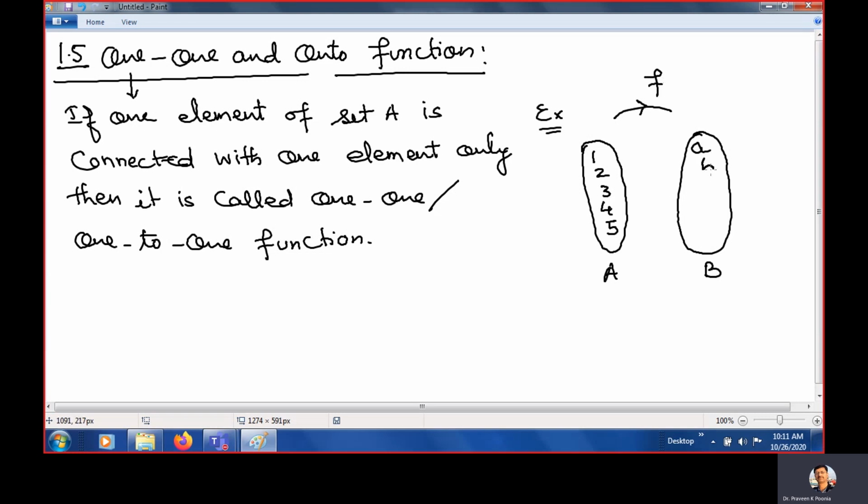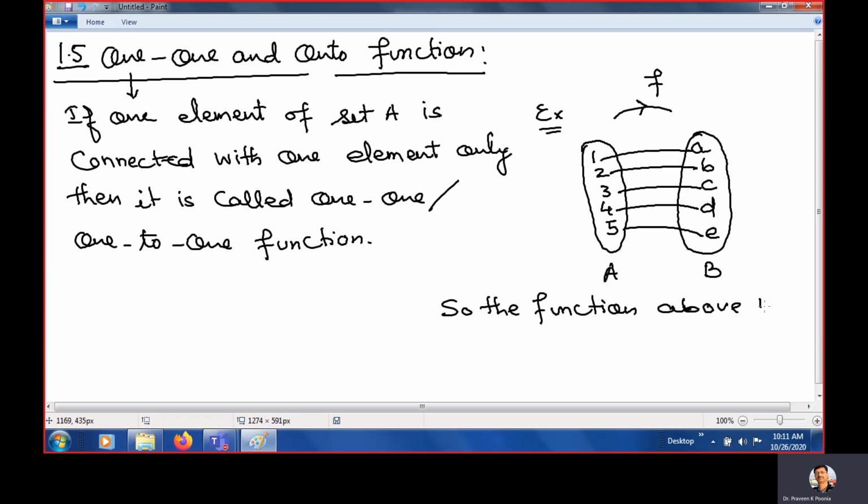Here is A, B, C, D, E. So 1 is connected with A, 2 is connected with B, 3 is connected with C, 4 is connected with D, 5 is connected with E. So if every one element is connected with one element only, the function above is 1-1 function. Clear? This is when two sets are given.